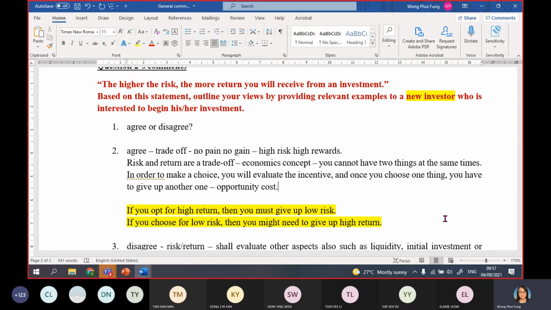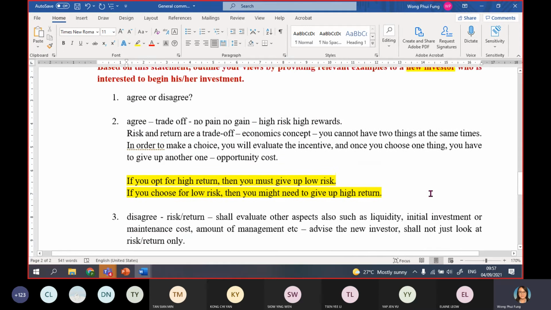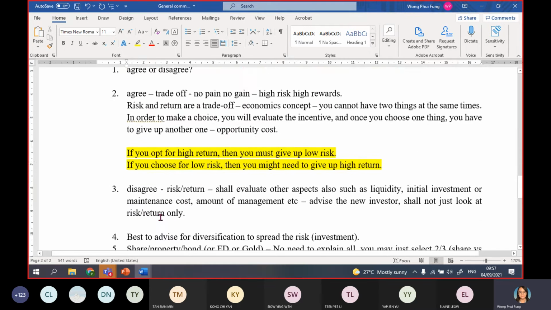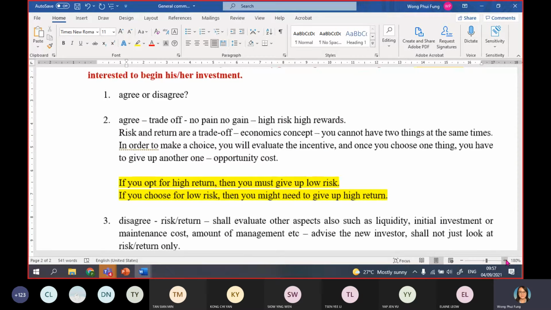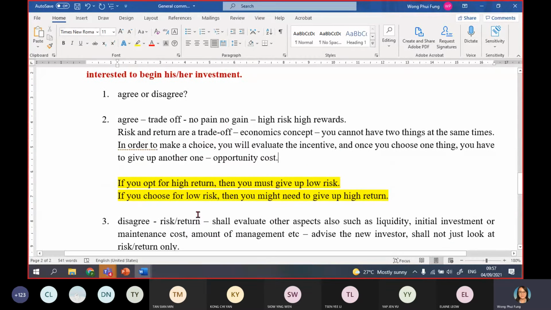Some of you were quite good. You didn't say disagree, but you actually provided a view stating that one shouldn't just evaluate risk and return. I quite like the answer. You said that risk and return is very important, but for a new investor, you should also evaluate other aspects.